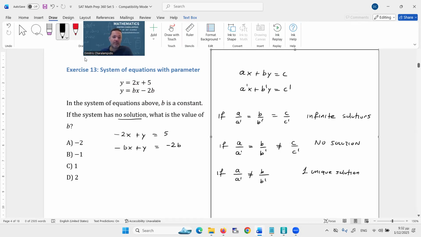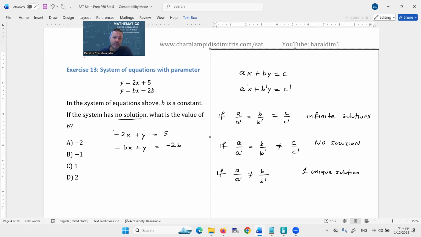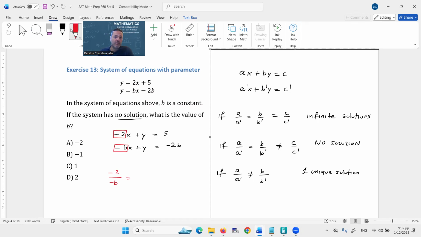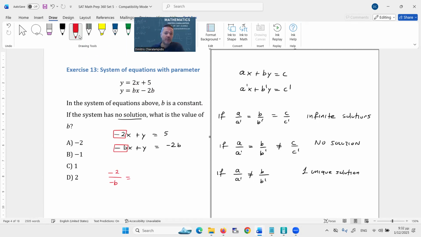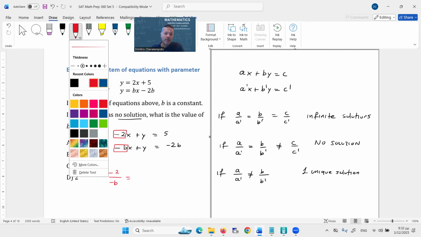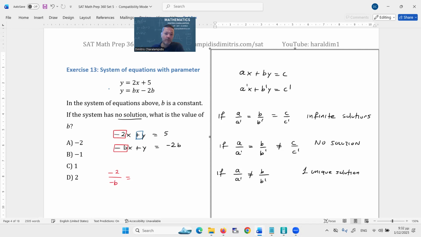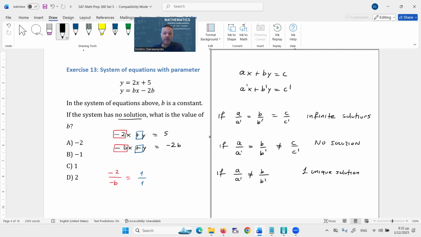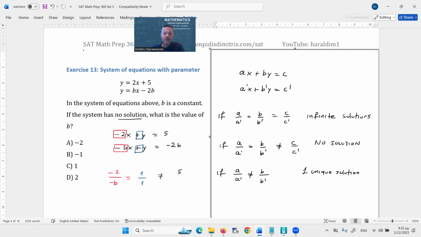So this means that the coefficients of x, so minus 2 over negative b, should be the same as the coefficients of y's, so 1 over 1, and they should be different than 5 over negative 2b.